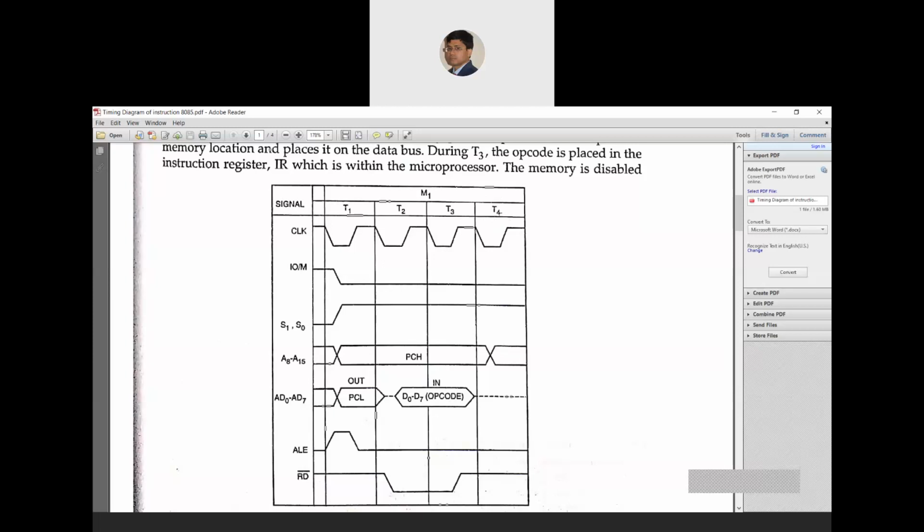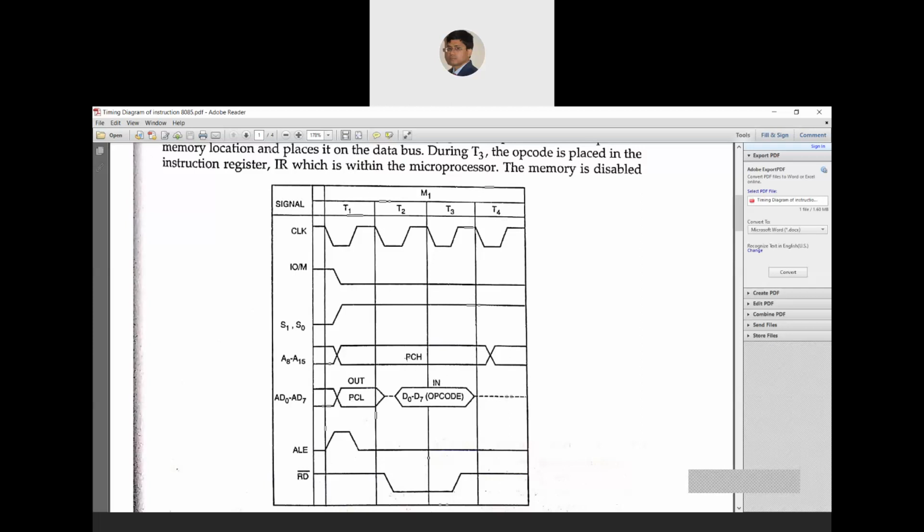In that T state, no function is required for the address or data bus. So the data bus goes to an idle state, meaning the Z state, high impedance state.